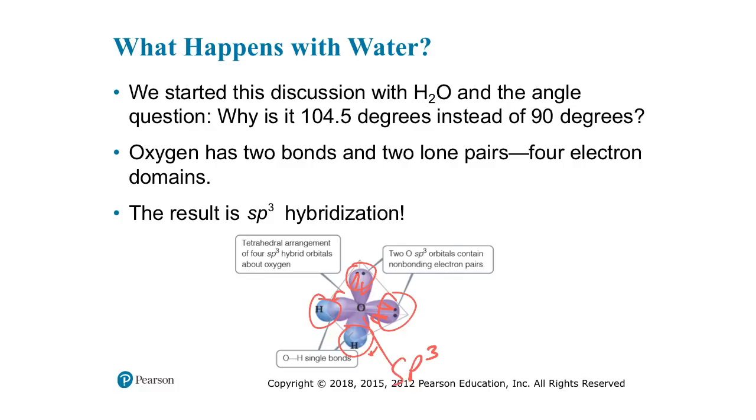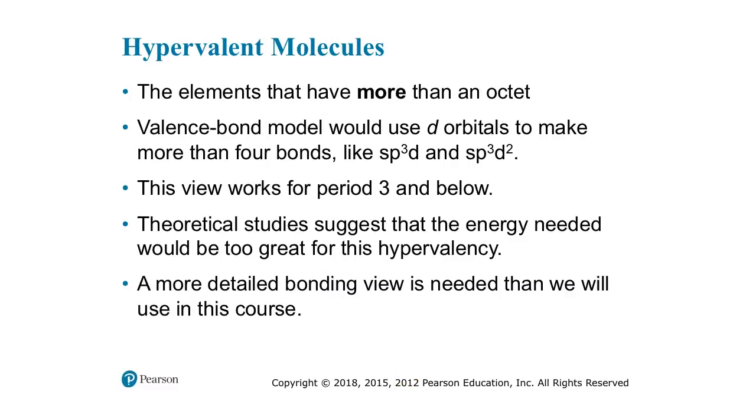Okay, so we get a bond angle closer to 104.5 because we're in this base structure of tetrahedral with an sp3 hybridized oxygen atom, and the lone pairs on oxygen are residing within those hybrid orbitals as well.